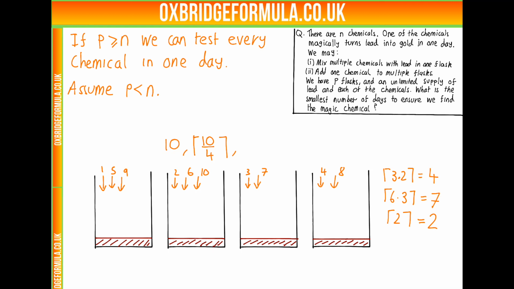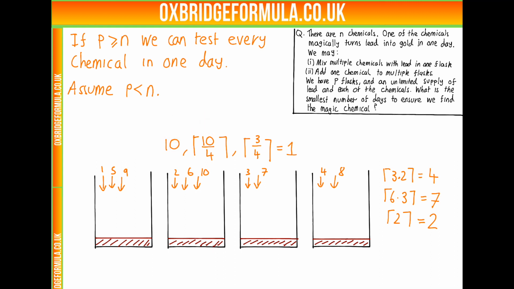Now we do exactly the same with 3 chemicals. We'd have ceiling of 3 over 4, but also we're in the easy case now because we've got 3 chemicals to test and 4 flasks. So after that day of testing, we'll be done, because ceiling of 3 over 4 is 1, so we know exactly the chemical we want. So how many days does this take?